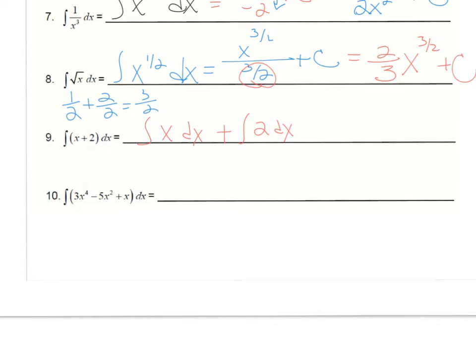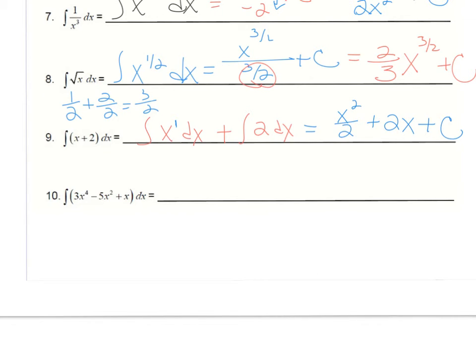So for number 9, that's going to become x squared over 2 plus 2x plus c. This had an exponent of 1, so we add 1 to the exponent over the new exponent. The constant gets the x, and then always a plus c.